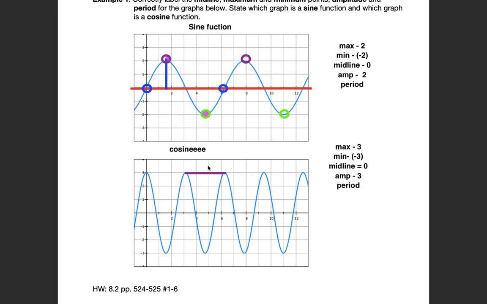Or you could do it from there to there. Or from there to there. You can pick any period you want. That's literally up to you. There's one from right there to there, or there to there again. Whichever one you want, as long as it repeats.